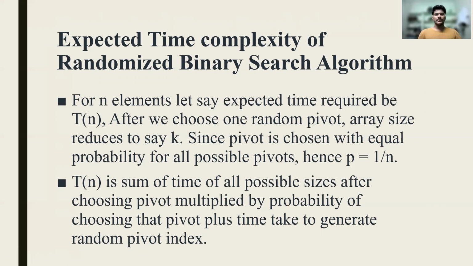Since the pivot is chosen with equal probability among all possible pivots, p is equal to 1 by n. This case occurs for n times. So the value will be 1 by 1, 1 by 2, 1 by 3, it can be anything. We can find the time complexity by taking the average of all the possibilities.